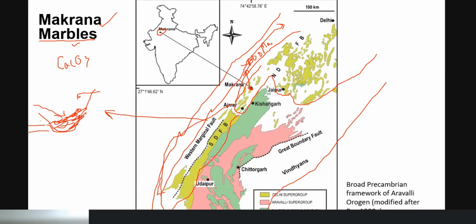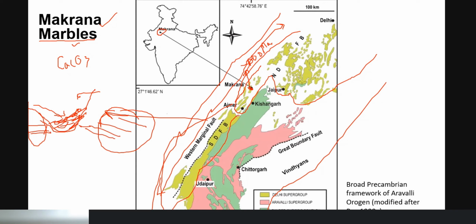This plate and this plate. This plate is called the Bundelkhand Craton, and this plate is called the Arabian Nubian Shield. These plates move towards each other.